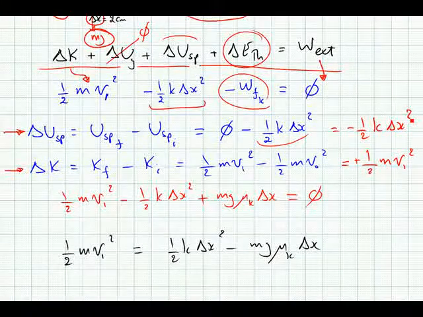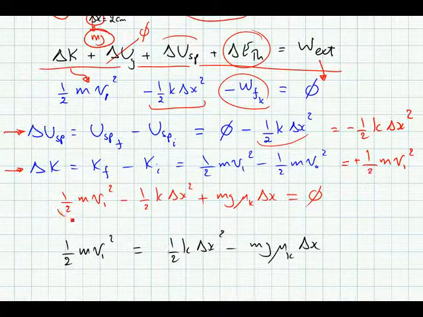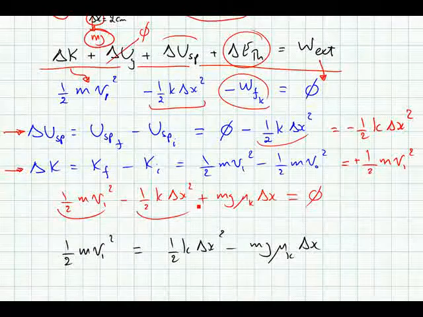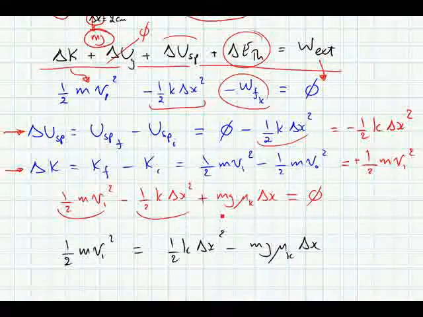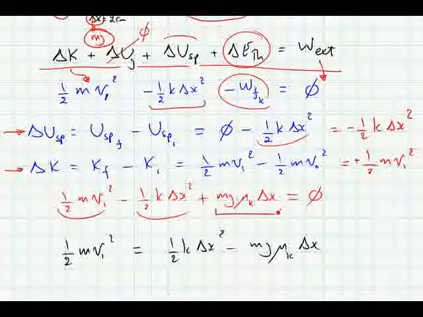So plugging these values in, you see that 1/2 of m v1 squared minus 1/2 of k delta x squared plus mg mu k delta x must equal 0.